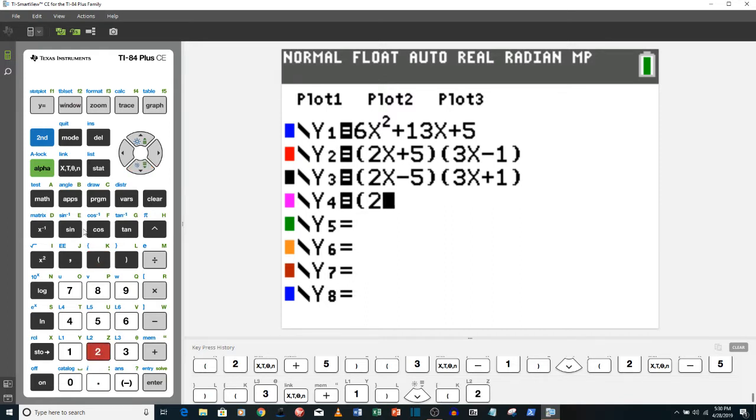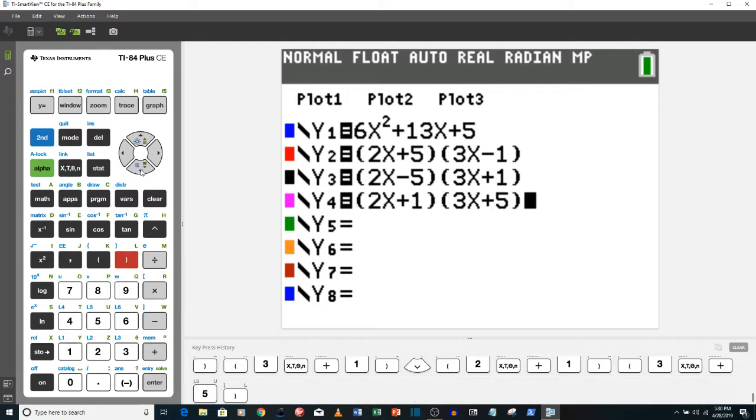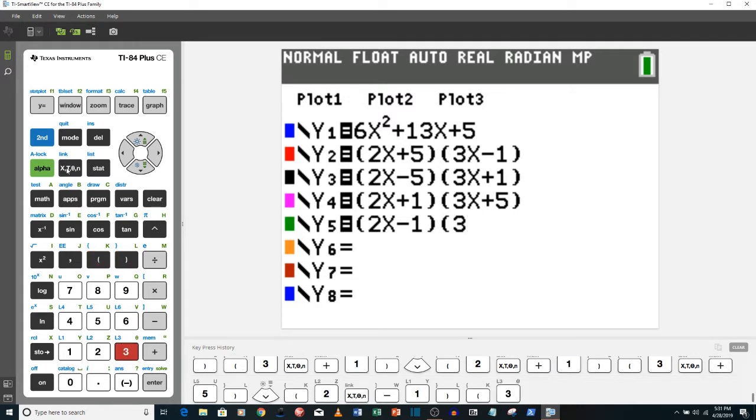Open paren, 2x plus 1, close paren, open paren, 3x plus 5, close paren, down arrow, open paren, 2x minus 1, close paren, open paren, 3x minus 5, close paren.